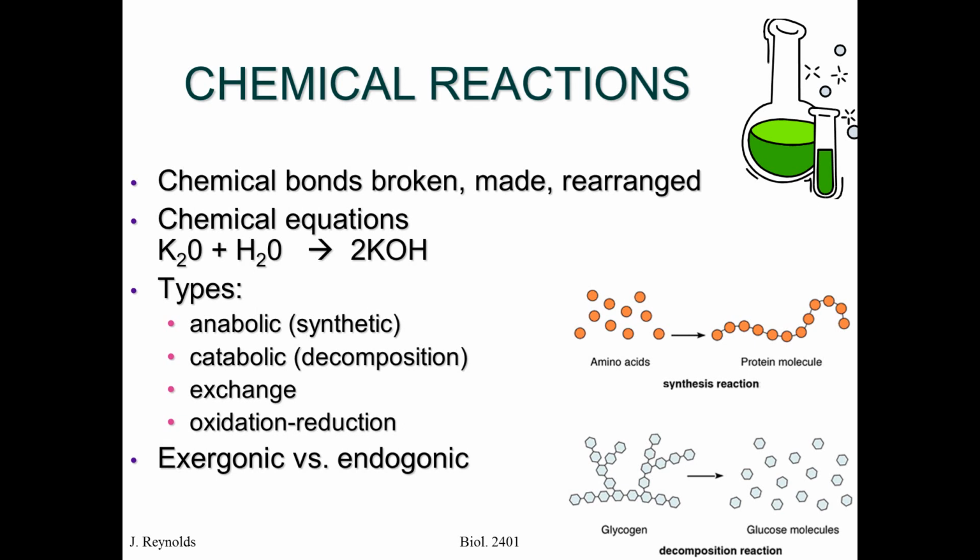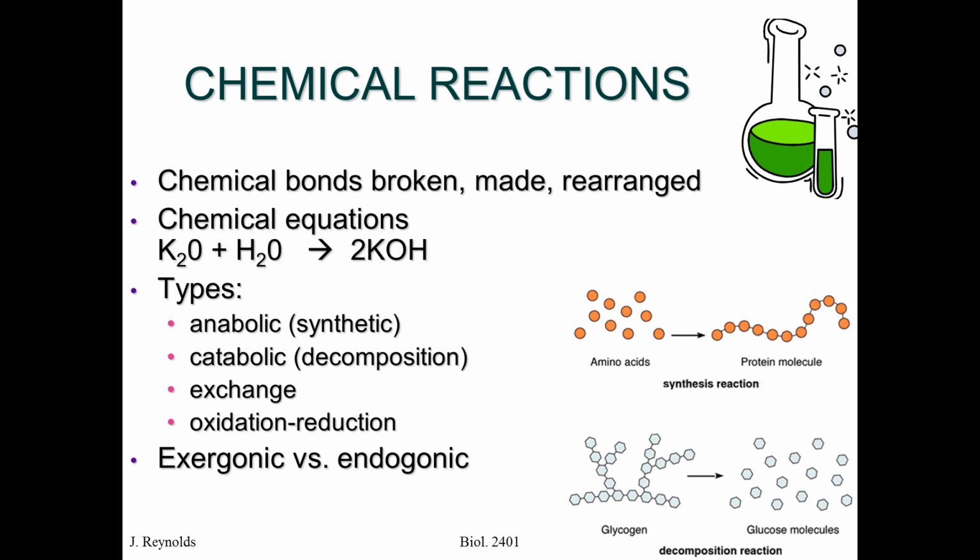That's anabolic. Catabolic reactions are degradation or decomposition reactions. For example, let's say you have a starch molecule and you break it apart into individual glucose molecules. That's catabolic reaction or catabolism. I'm sure you've covered cell respiration.